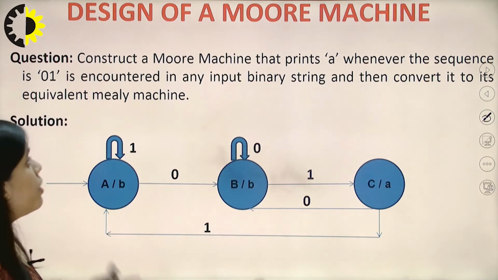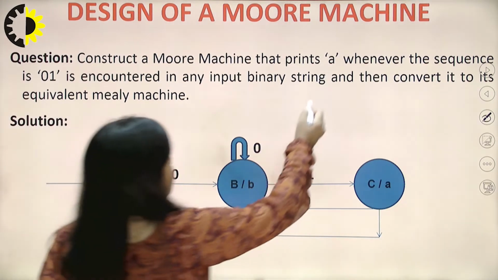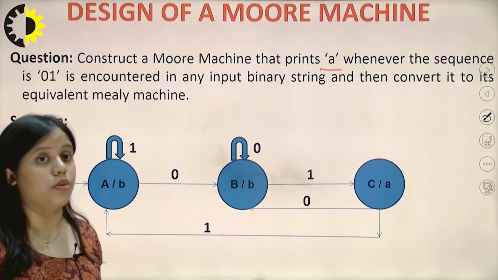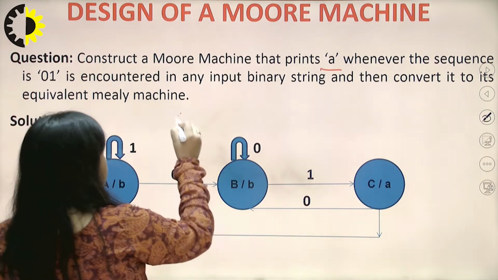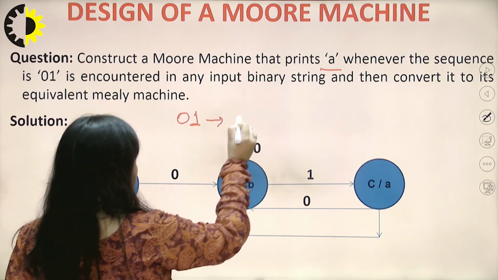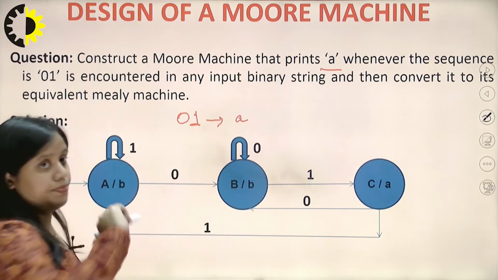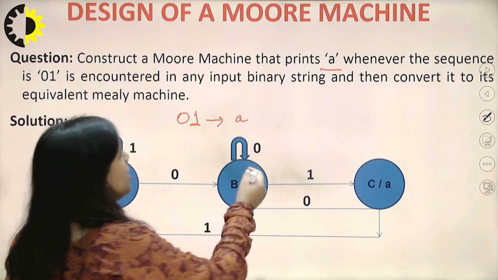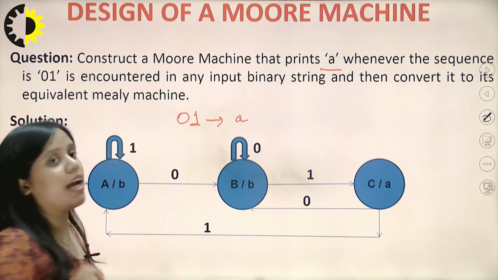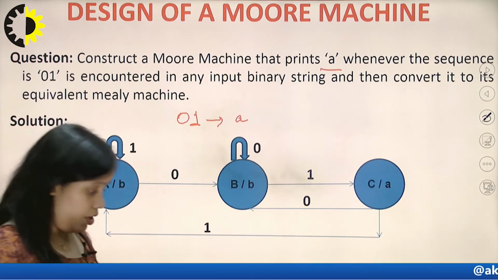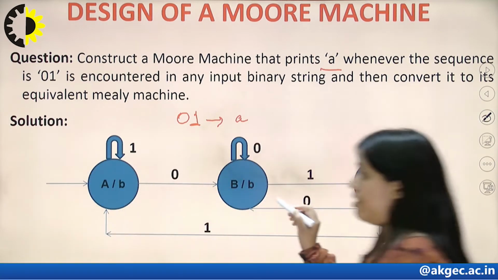The question says print A wherever the sequence 0, 1 is encountered. That means whenever we get the string 0, 1, we give the output A. So whatever state is reached on 0, 1 will have its output as A. Otherwise we can give any other output, that is B, as we are seeing here.